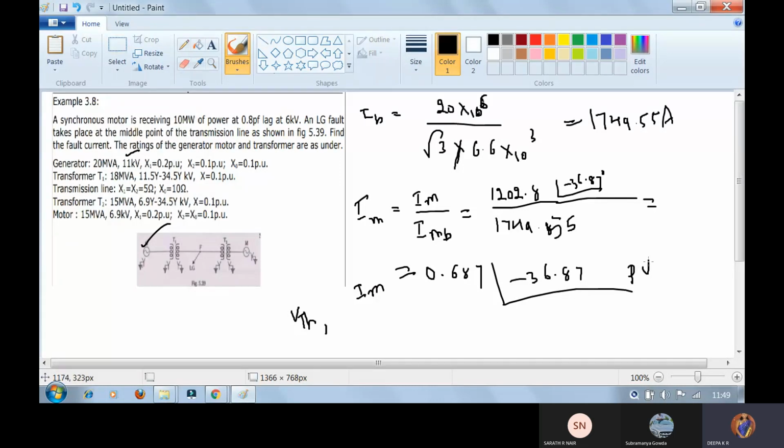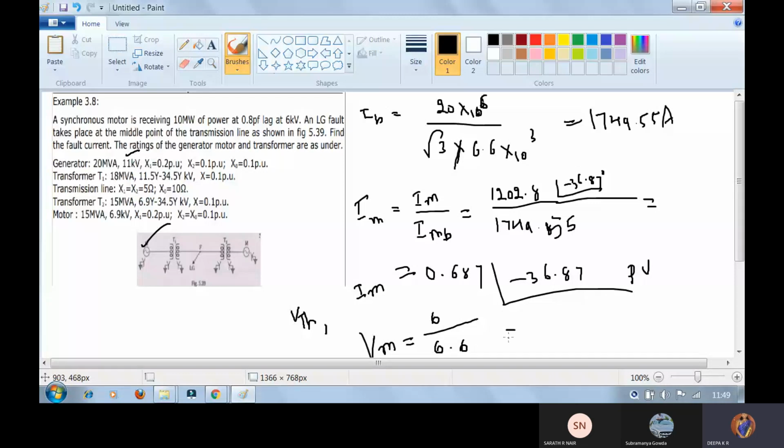Next, we need to calculate VM, because VM is also important to calculate in terms of per unit. From the problem, it is given 0.8 power factor lag at 6 kV. So 6 kV is from the motor, and the base value of the motor is 6.6 kV.